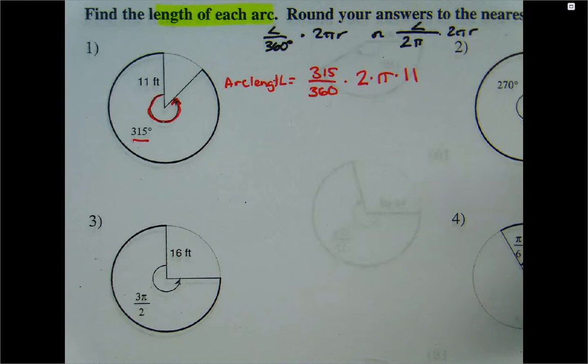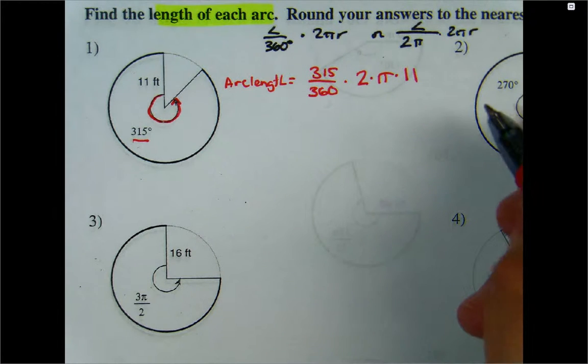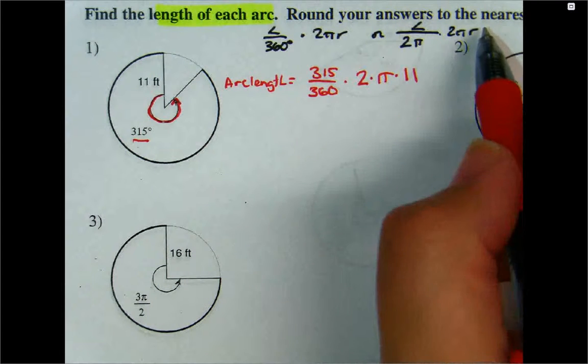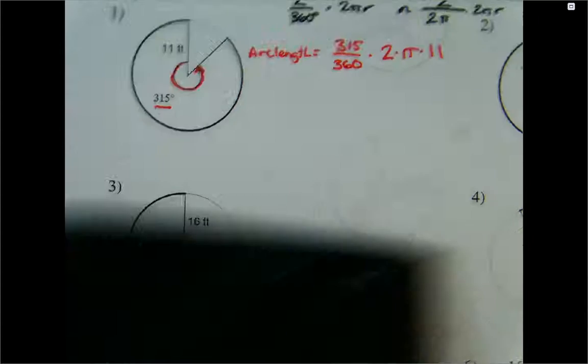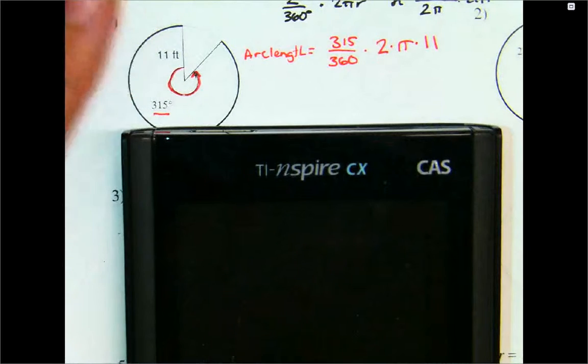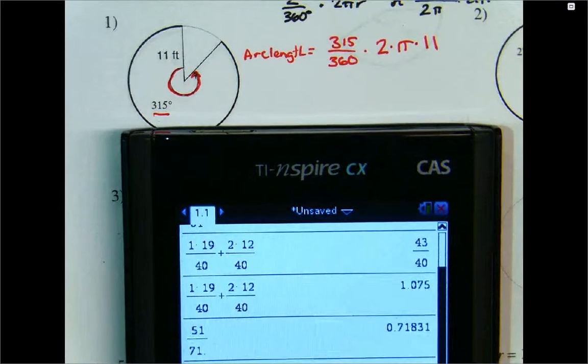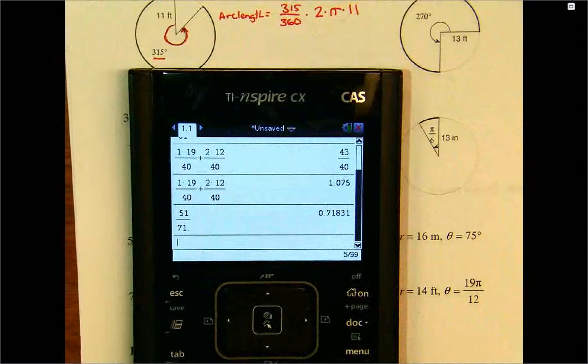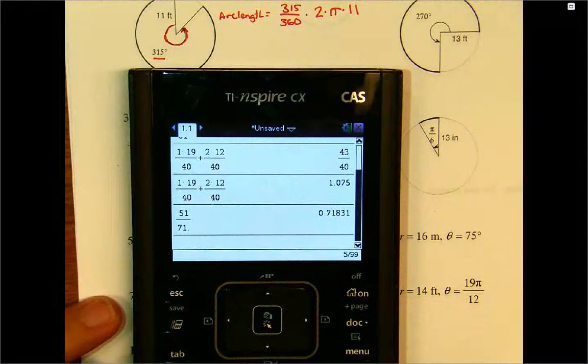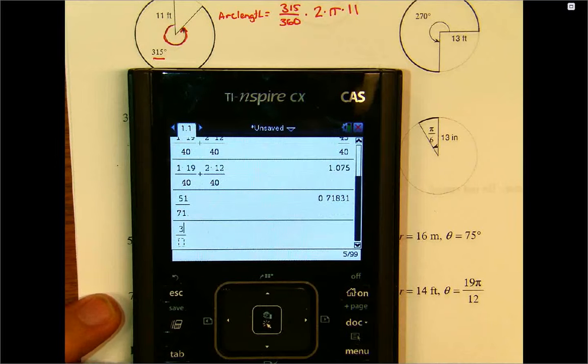And then if you put it in the calculator, it'll actually come up with a reduced fraction for you. So you can go ahead and do that. Or if it says rounded to the nearest tenth, all you'd have to do is take one fraction, 315 divided by 360, times 2 times pi.